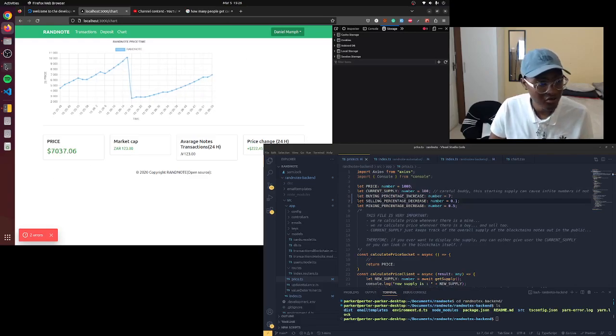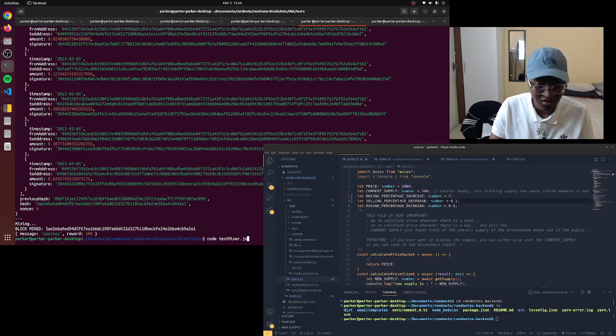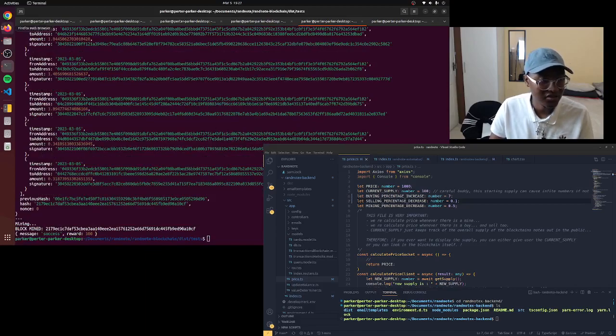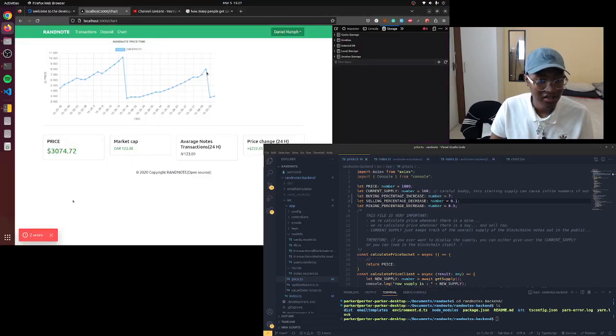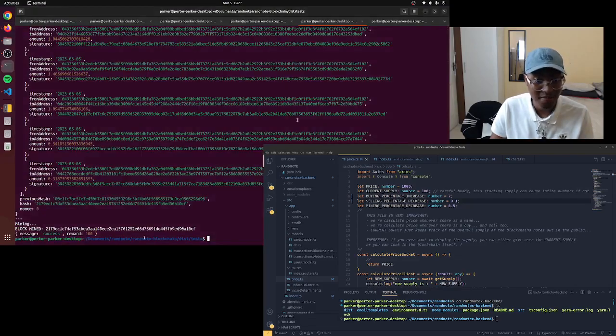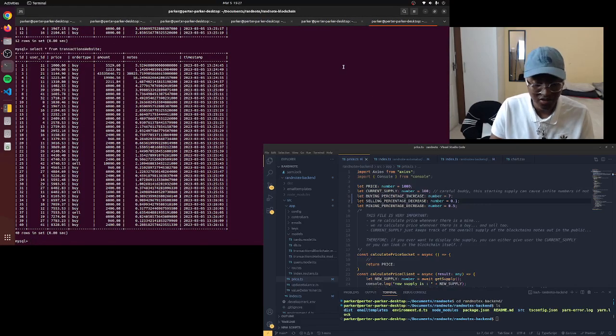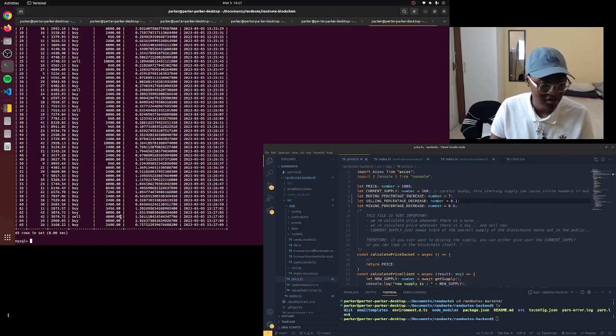Let me just try and mine that again, see what happens. Okay, so that I guess is a result of my mine and not because of the sell transactions. I'll just verify that. The price went from 3,000 to 2,900.